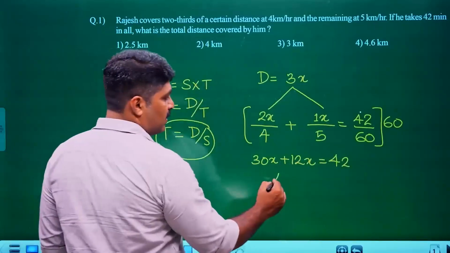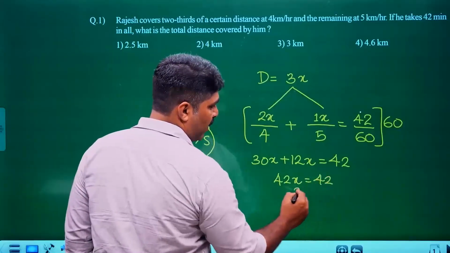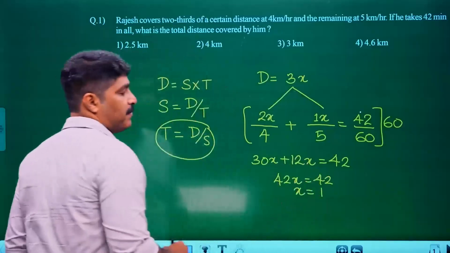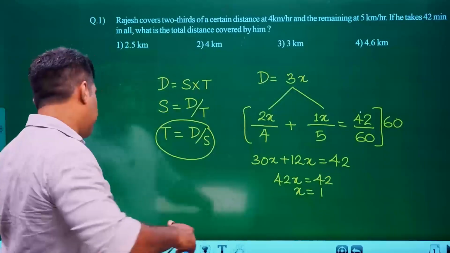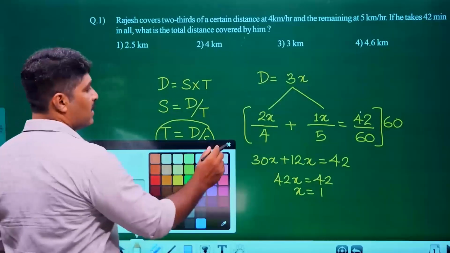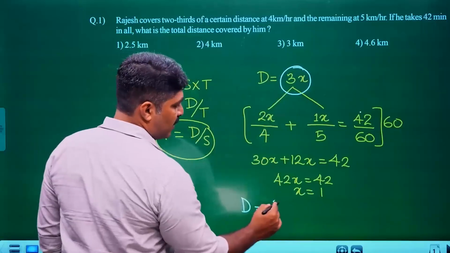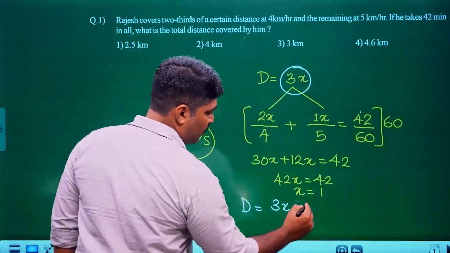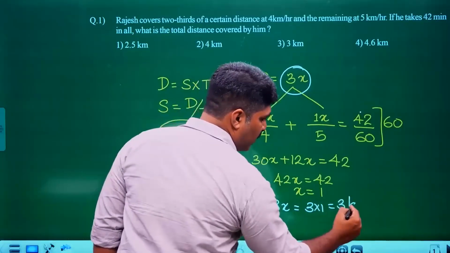So what will you get? 42x equal to 42. What is the value of x? x equal to 1. What did we assume as the total distance? We assumed the total distance as 3x, which is equal to 3 into 1, so that is 3 km.